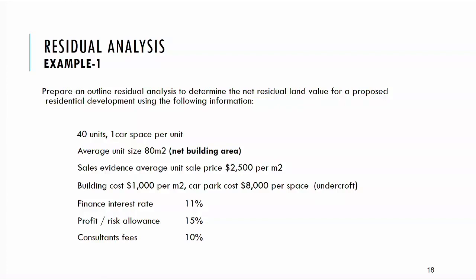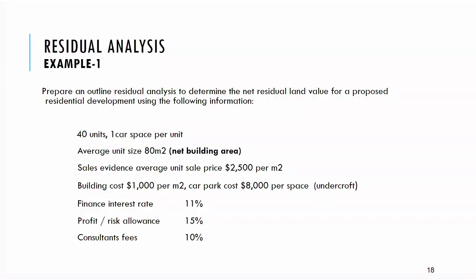Example. Prepare an outline residual analysis to determine the net residual land value for a proposed residential development using the following information. You'll really understand how it is when you do this calculation. 40 units, 1 car space per unit. Average unit size is 80 square meter, net building area.